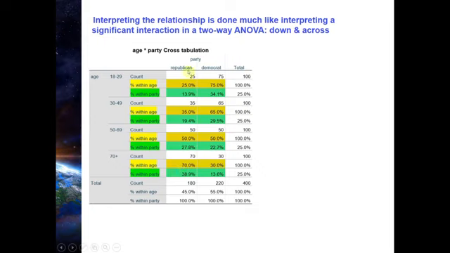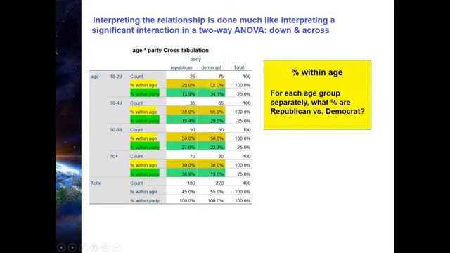So we're looking at all these yellowy cells here. So we would then come to a conclusion and say, well, you know what? If we look at percent within age, we're asking for each age group separately, what percent were Republican or Democrat? How were they distributed within each age group? And they're not all distributed the same way, right?